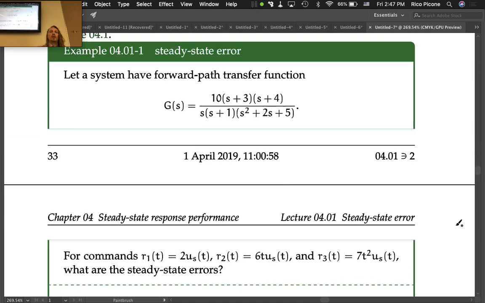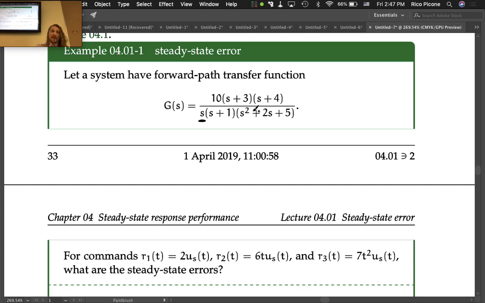So let's evaluate this. First off, we've got to figure out what type system we have. So we need to find out what is the number of integrators. We can find that by looking at how many s's we can factor out of the denominator. So what do we have? 1. Just 1, right?